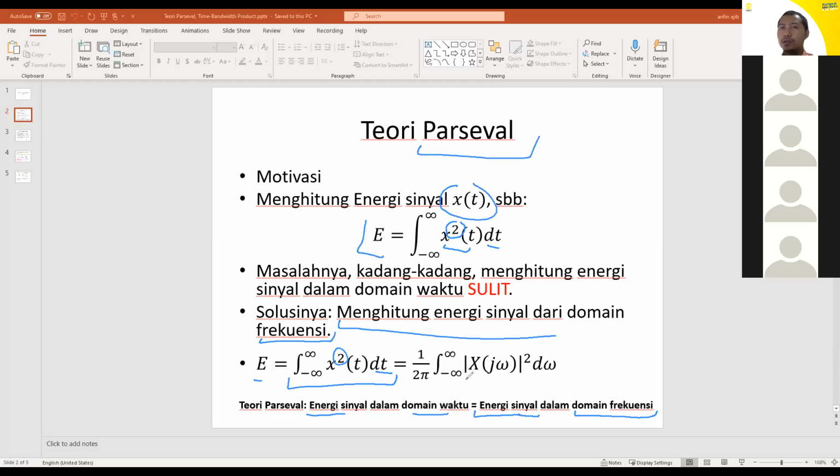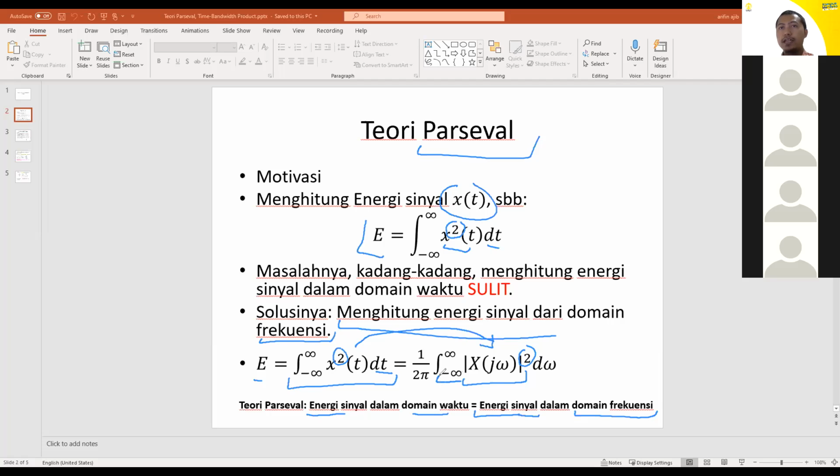And similarly, when we transform the signal x(t) into the frequency domain, we multiply it by itself, meaning power by 2, and then integrate it with respect to the limits.